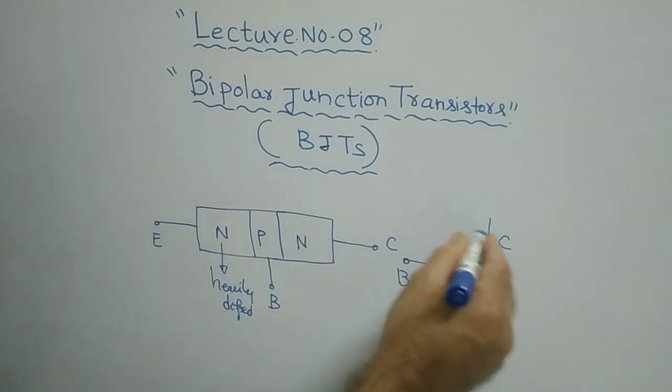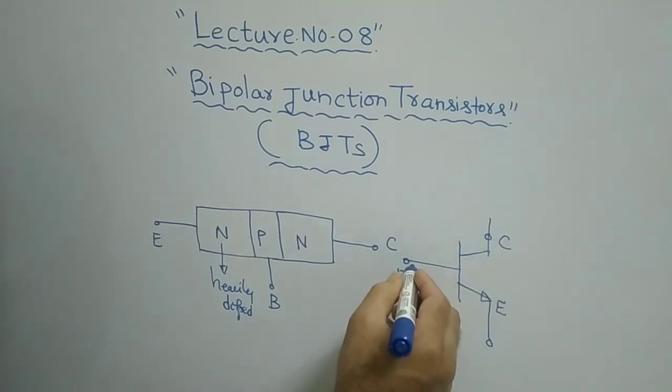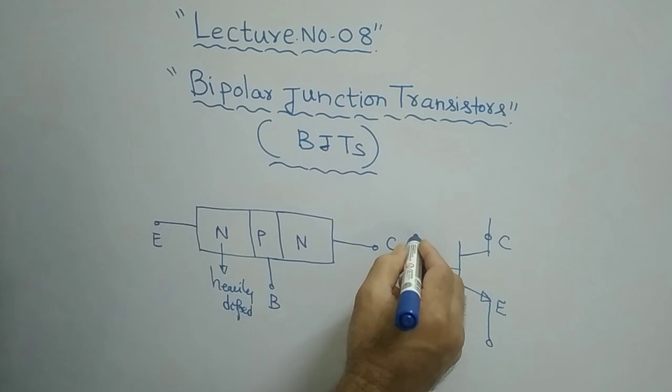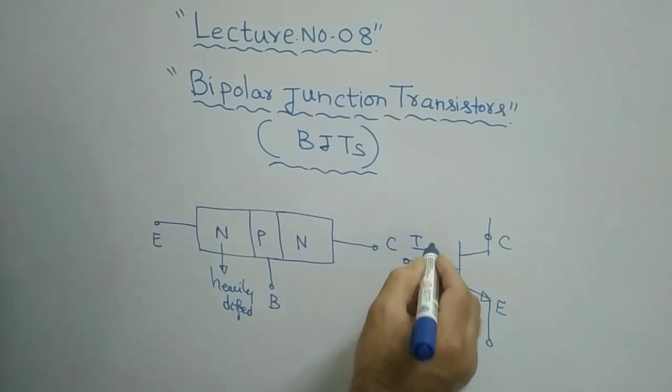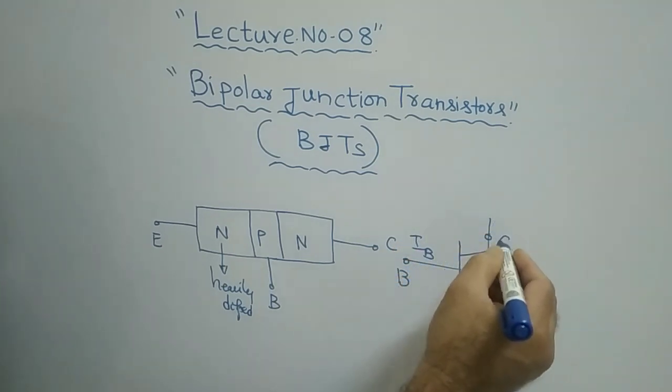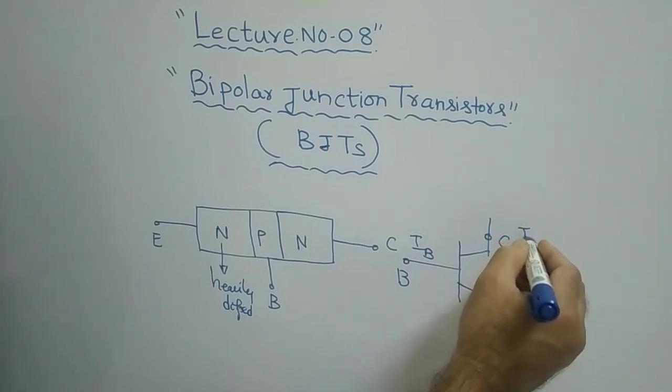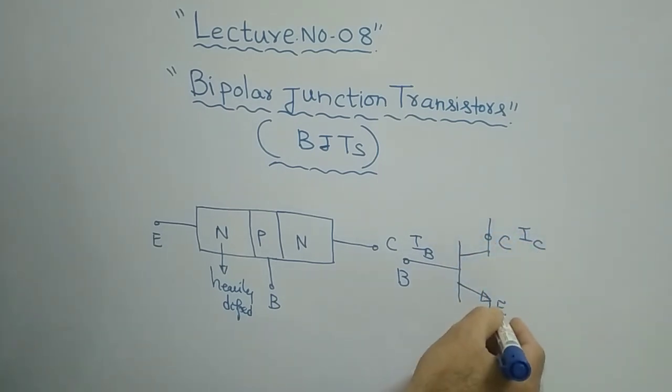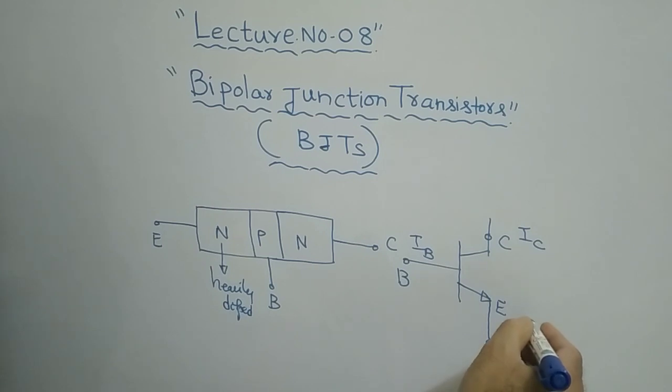As we have three terminals, the current in the base is the base current, I suffix B; the current in the collector terminal is the collector current, I suffix C; and the current in the emitter terminal is the emitter current, I suffix E.